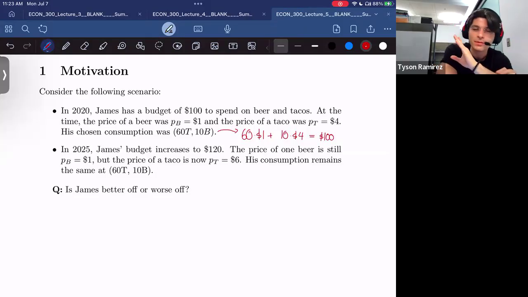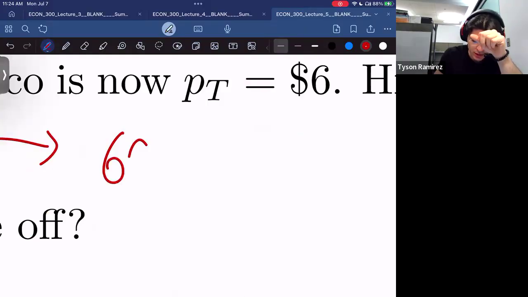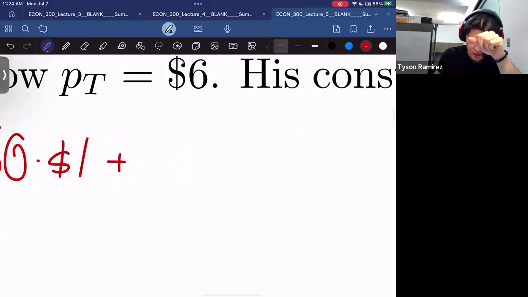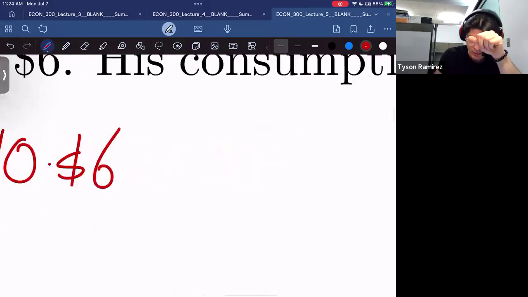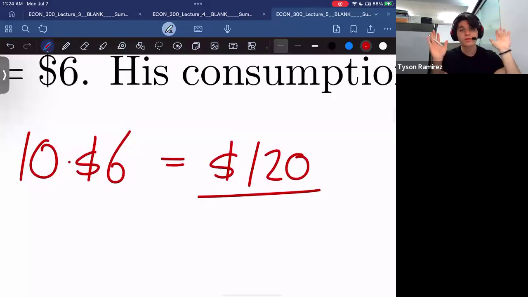And suppose he keeps the same consumption bundle. If we do this, first we verify that, well, 60 times $1 plus 10 times $6 does in fact equal $120. So he's still using all of his budget.